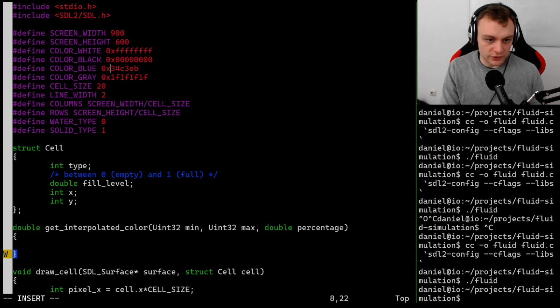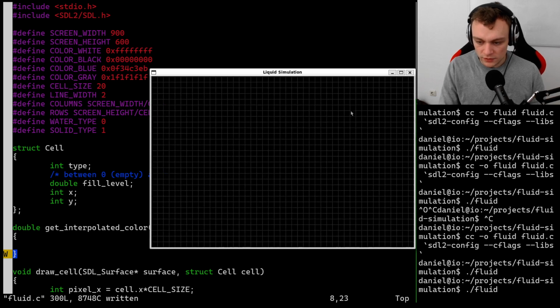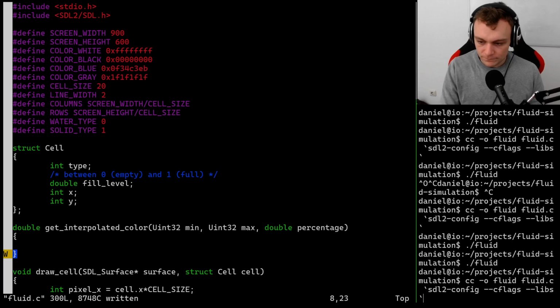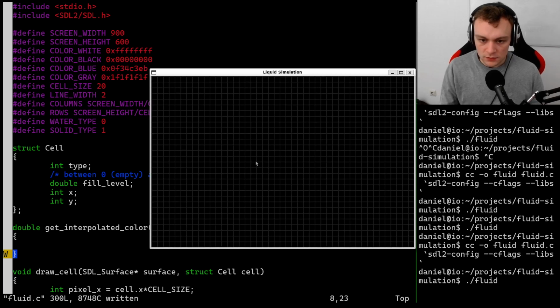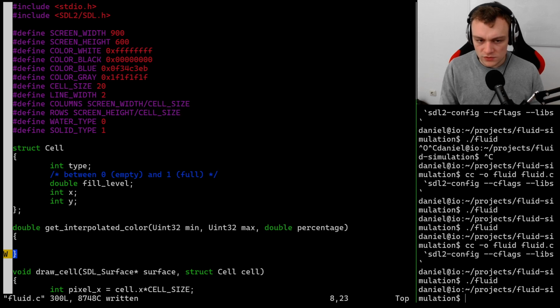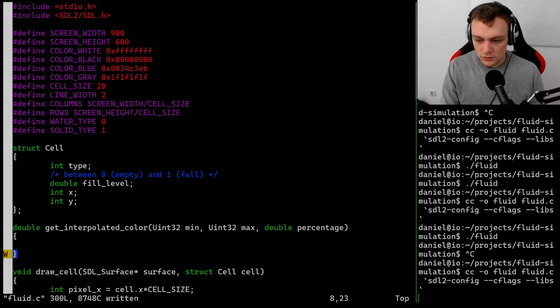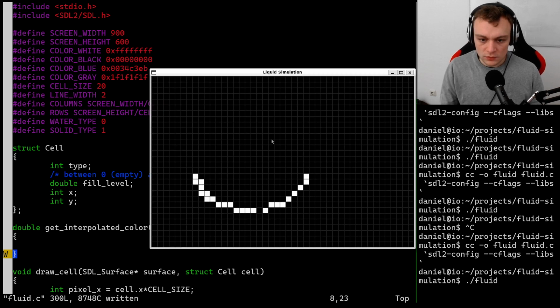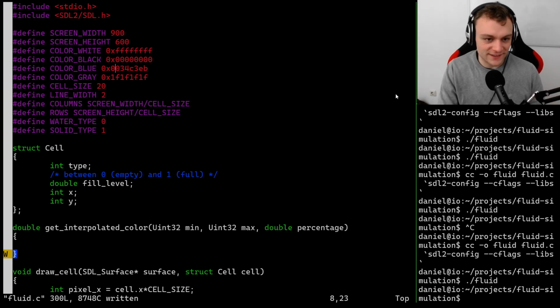And if we change the alpha value, we should get a bit more opaque colors. No, that's not really opaque. That's not opaque either.